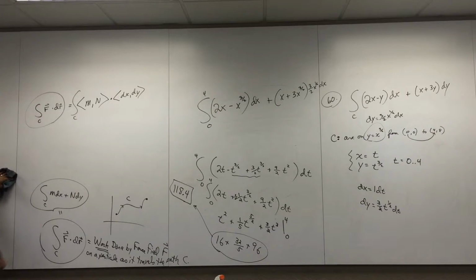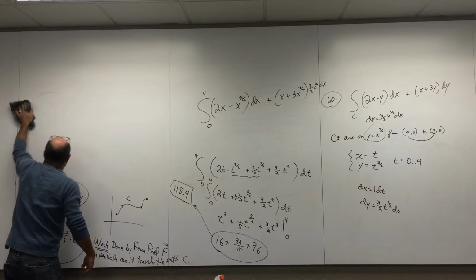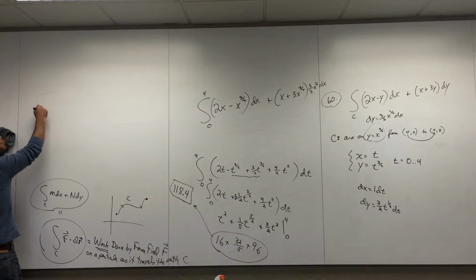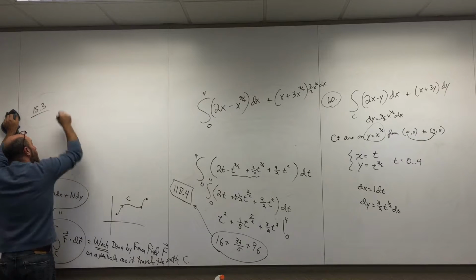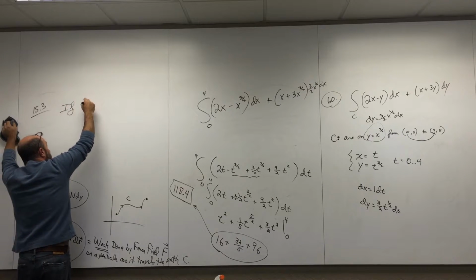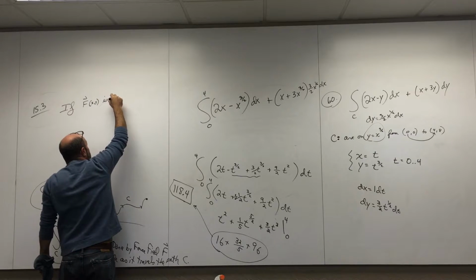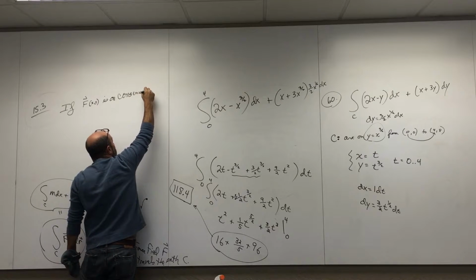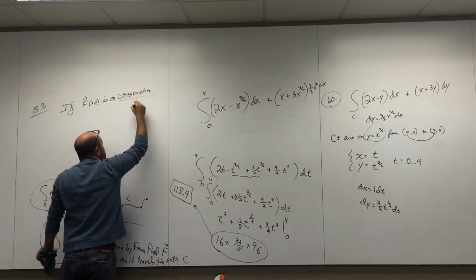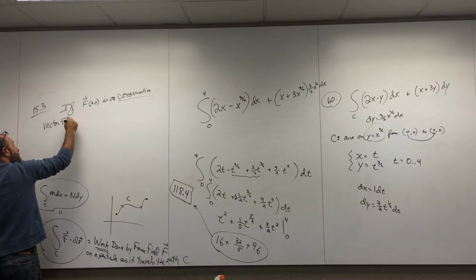So we're talking about this guy. An alternative form is this guy. And when we move to 15.3, we learn this. That if F is a conservative vector field, and we learned about that in 15.1, but now finally it's going to become important.